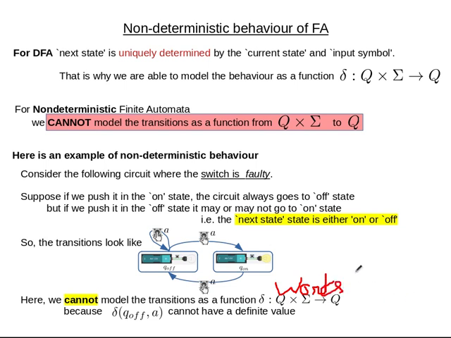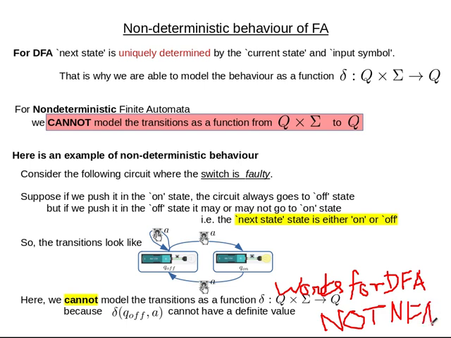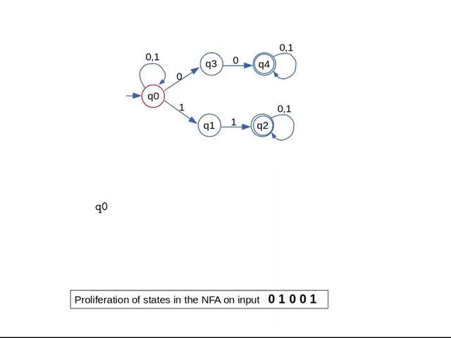This works for DFA, but not NFA, right? So if we want to model this sort of behavior, we cannot take this signature for the transition function. This will not work for non-deterministic finite automata. So how can we then model the transition in non-deterministic finite automata?